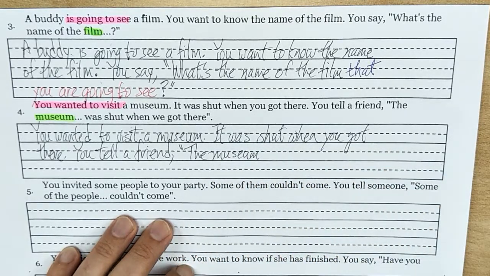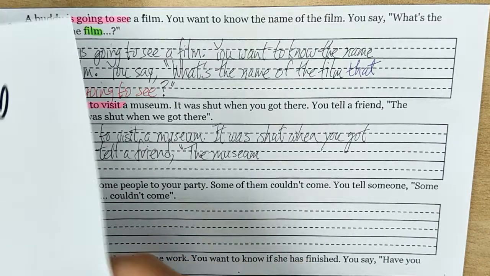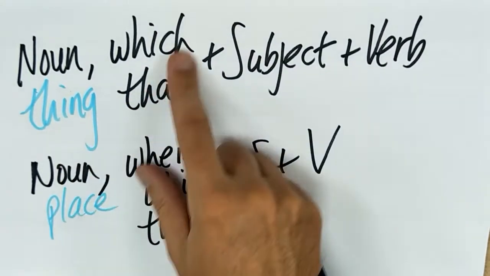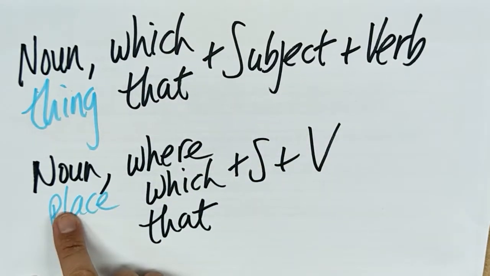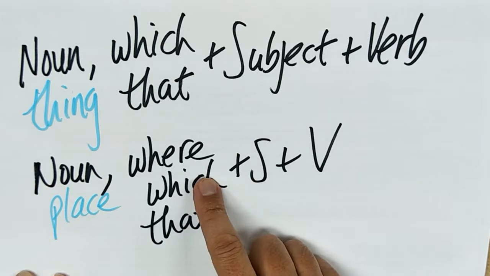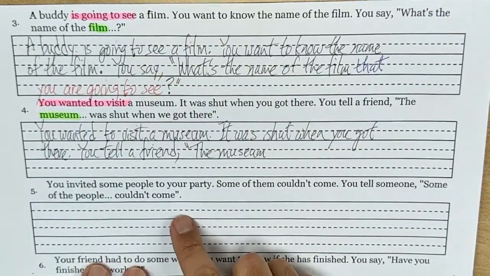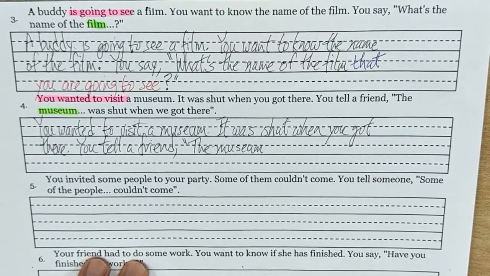Remember, the museum is a thing. It's also a place. So it's a thing, so we can use which or that. And it's also a place, so you use where, which, that. I'm going to use that.